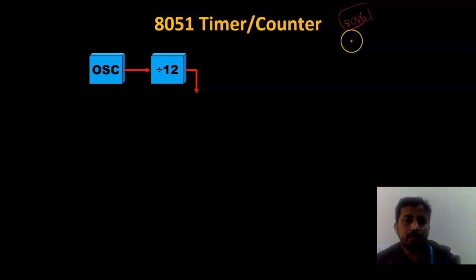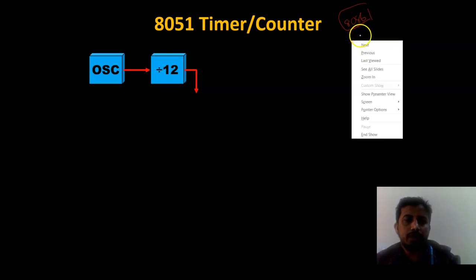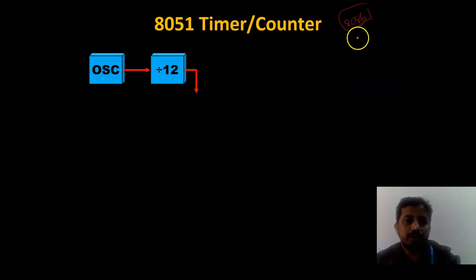Either you need to take one of the timers like the 8253 or 8254, which has to be connected externally. That will be learned in the interfacing. Here it doesn't require any separate timers to be connected.